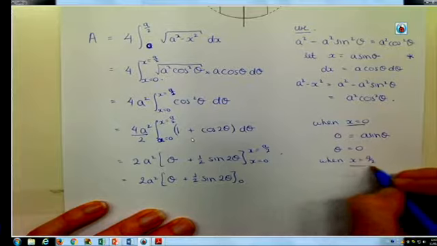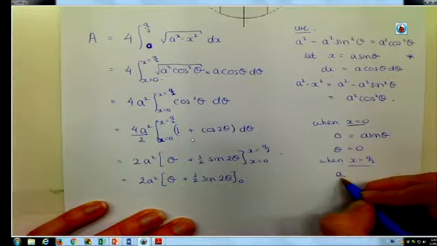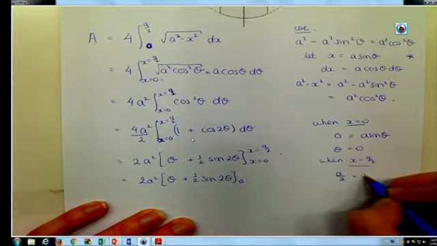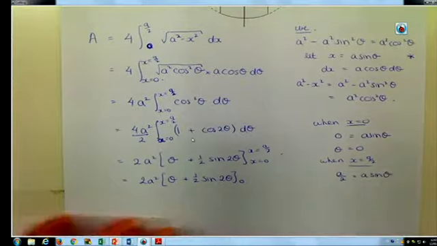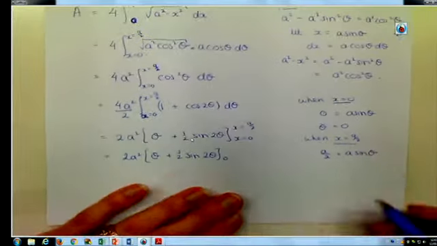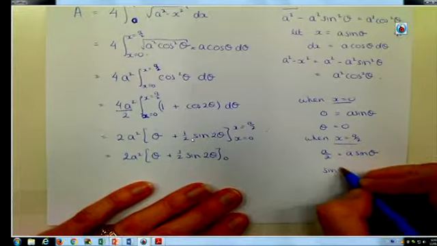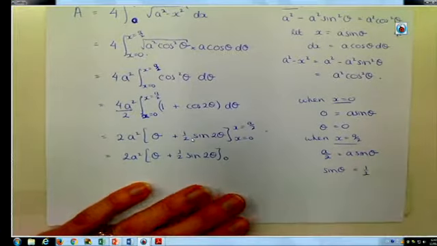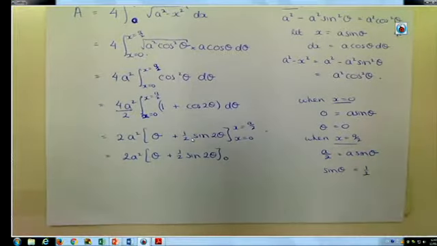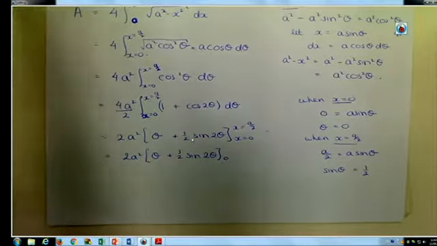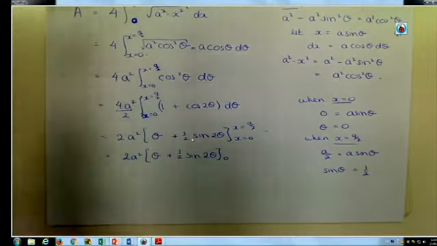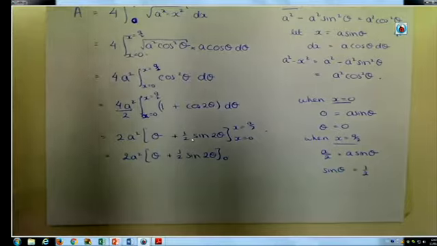Now do the top one. You get a over 2 equals a sine theta. Okay, and we want to know what value theta takes there. Okay, so the a's are going to cancel out. And we want to know what value of theta gives a half when you take the sine of it.